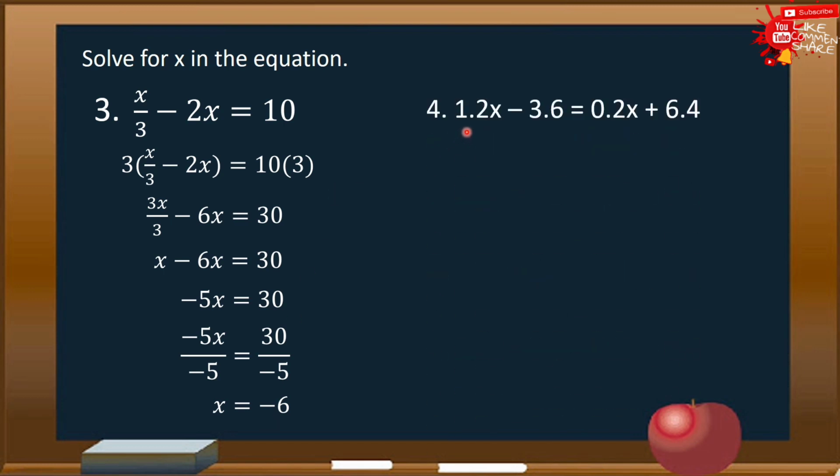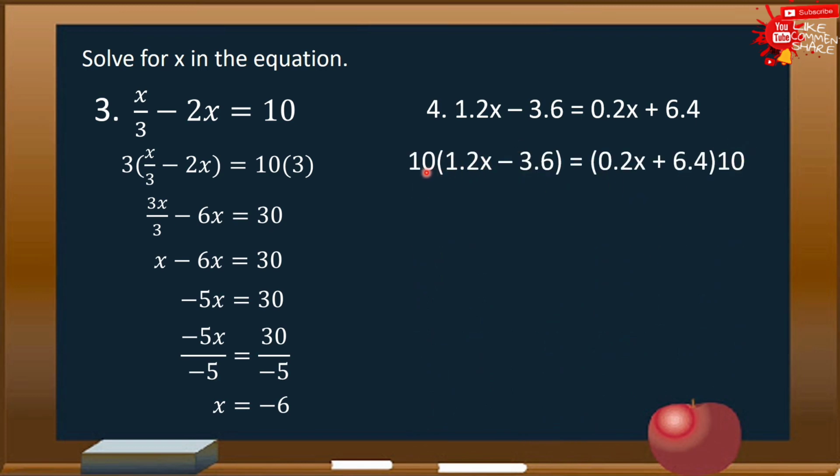So, we have here 1.2x minus 3.6 equals 0.2x plus 6.4. To eliminate the decimal number, we have to multiply it by the power of 10 depending on the highest decimal places. So, the highest here is tenths. It means that we will multiply both sides of the equation by 10.